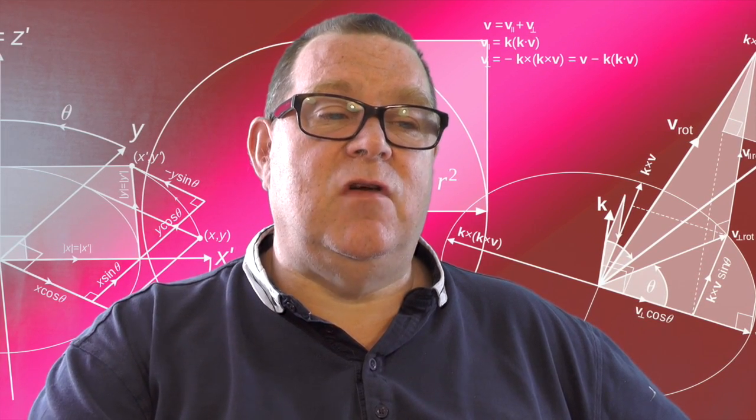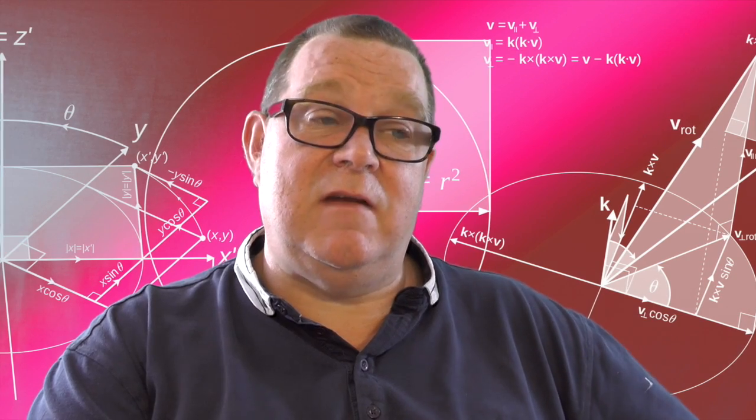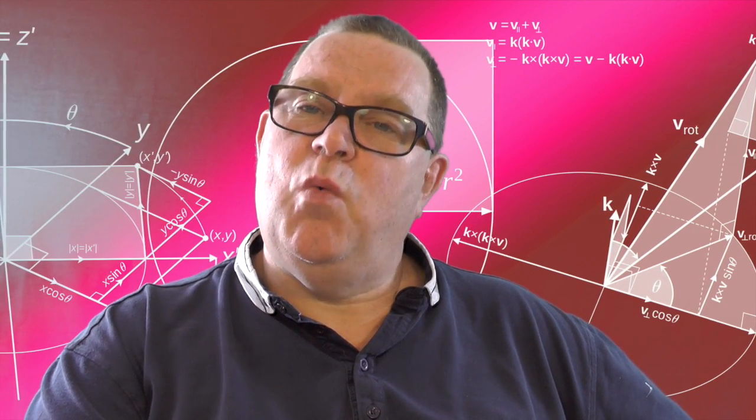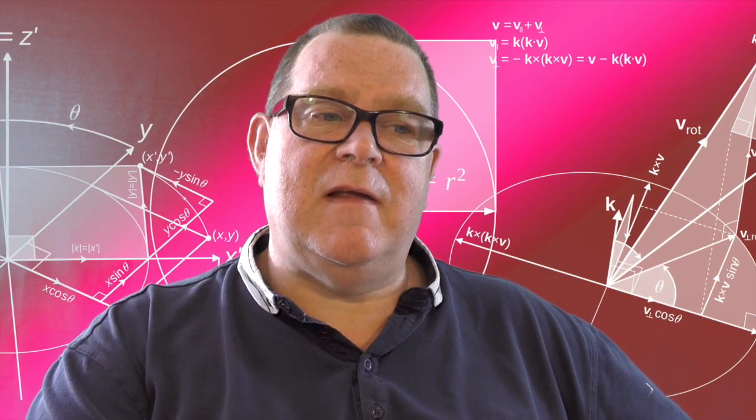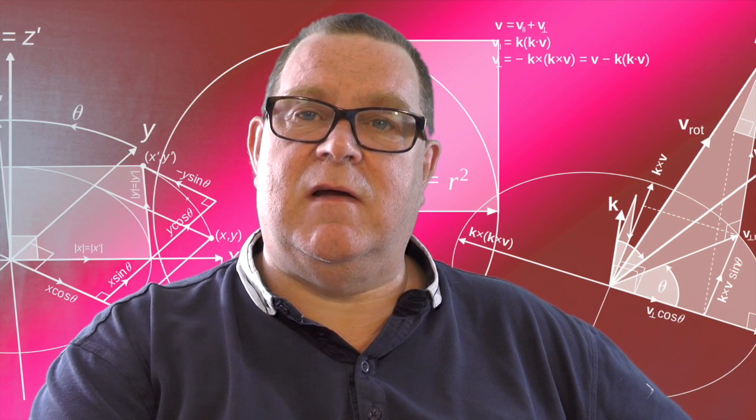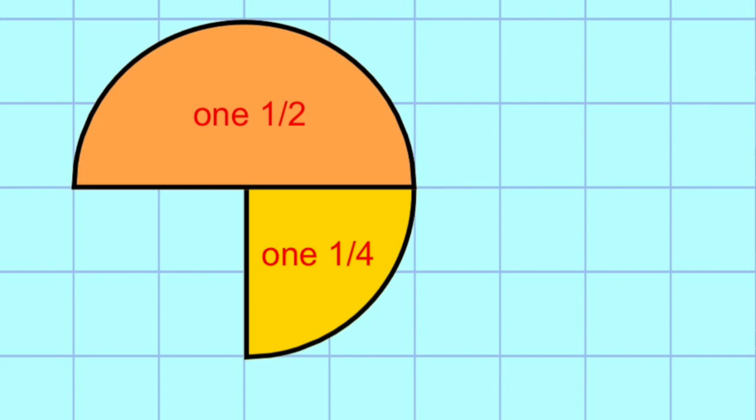Well, let's have a look at these again, because if you remember at the end of the last video, I said, what do they look like? So let's have a look. What do they look like? Well, we've got 1/2 and 1/4, but when we put them together, does anyone recognise what they look like?